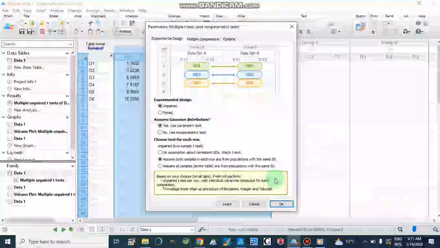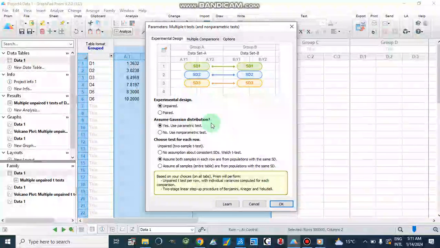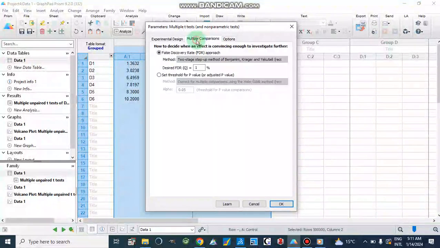So now before going further, we will select how we will compare this data. So it depends on this. We have these two options. Here it is false discovery rate approach, and here it is set threshold for p-value or the adjusted p-value. So we will select this one.